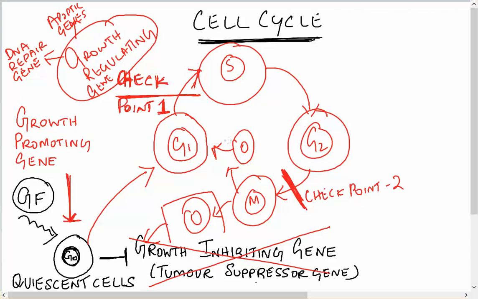If the DNA repair gene is absent, they cannot repair the DNA, so abnormal DNA is formed that will not be checked and they will come out. And if there is no apoptotic gene, what happens? The cell will not die, so they will live long and divide more. These are the problems that happen in cancer. So this is about the normal cell cycle. With these basics, let us go to the slides.